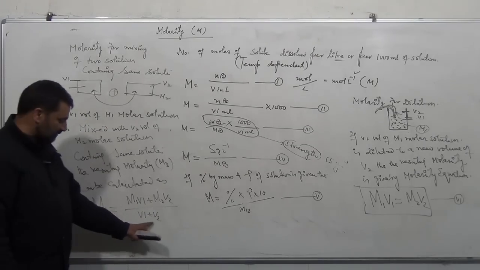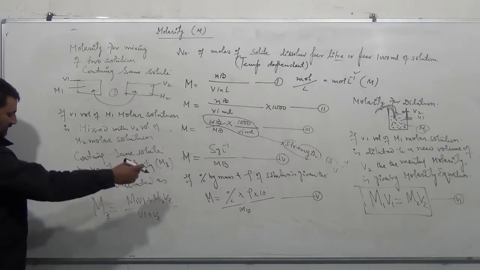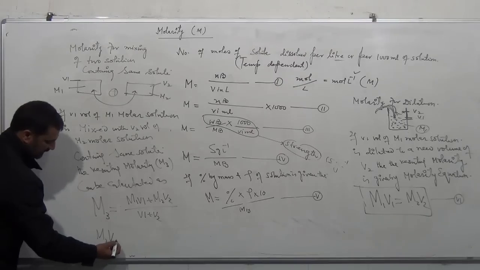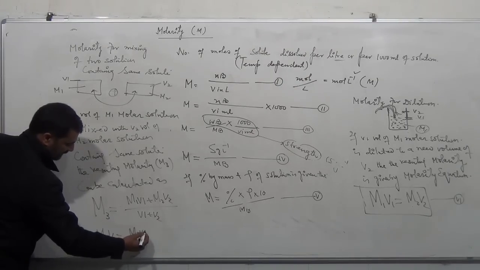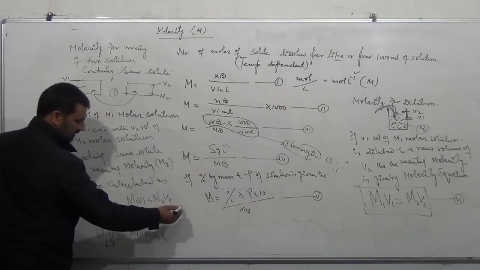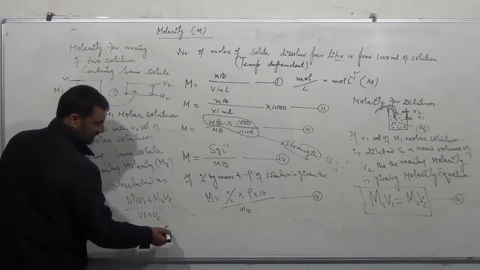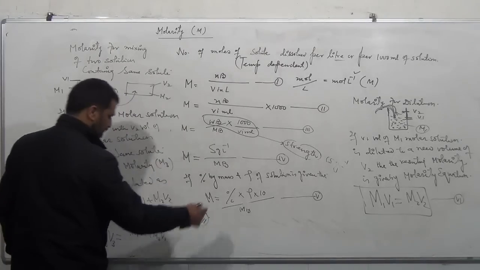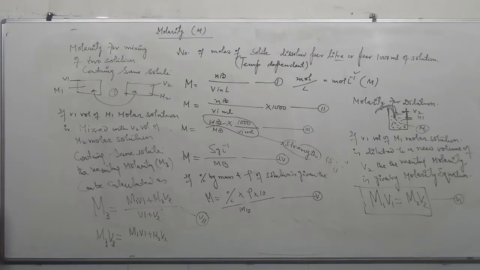So if V1 plus V2 is V3, then M3 V3 is equal to M1 V1 plus M2 V2. Both equations are one and the same. This is equation number 7.